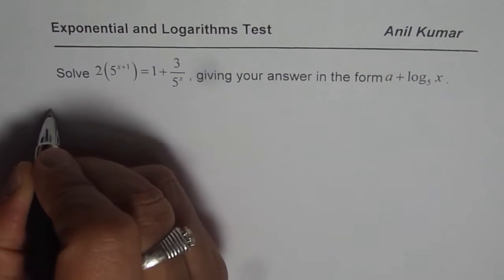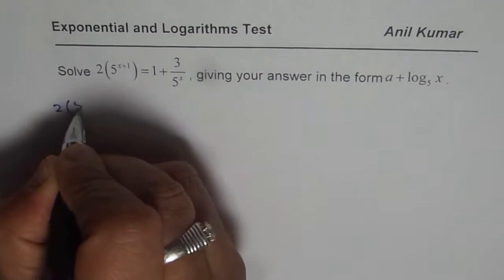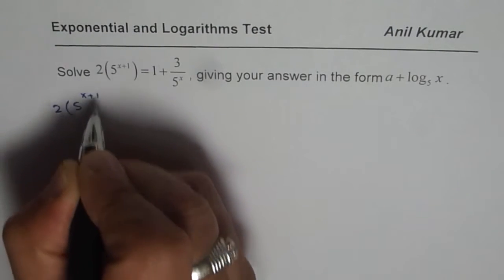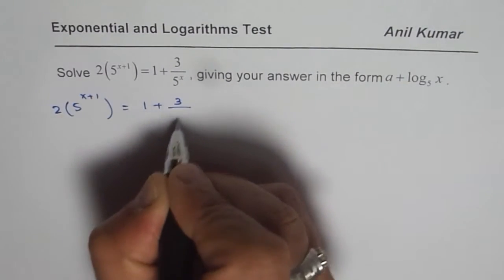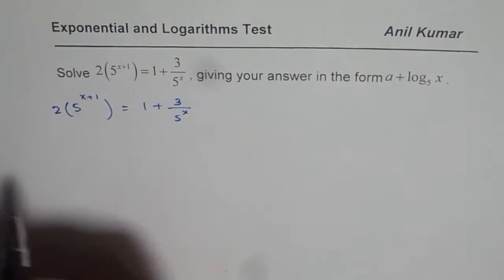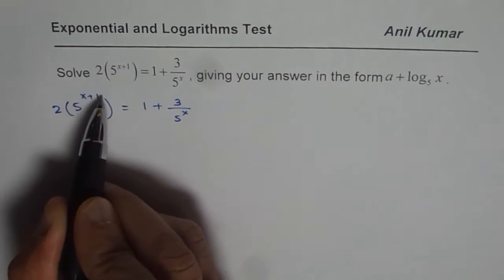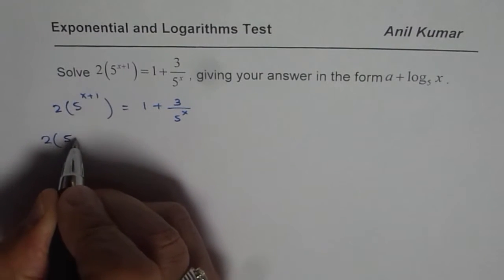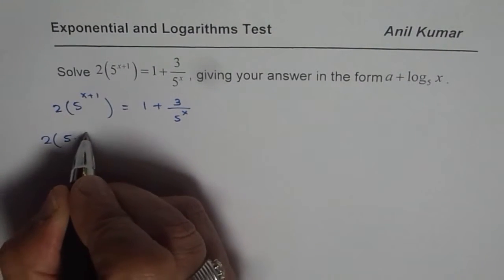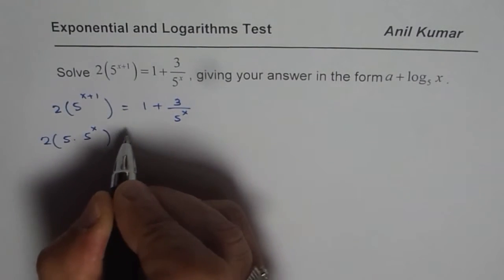So the question here is 2 times 5 to the power of x plus 1 equals 1 plus 3 over 5 to the power of x. We could write 5 to the power of x plus 1 as 2 times 5 times 5 to the power of x. Do you see that?